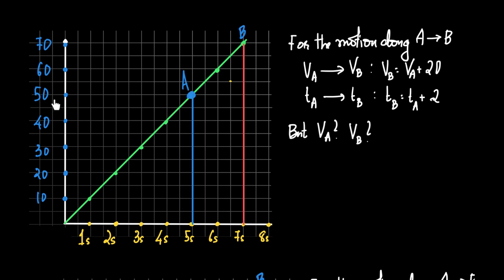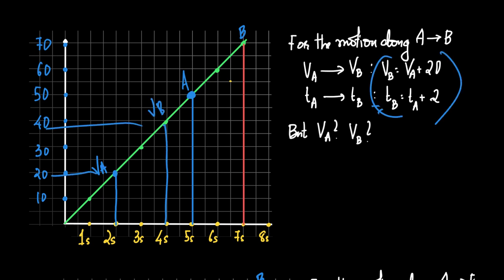VA can be 50, VB could be 70 then. Corresponding time would be 5 and 7. But it could also be the case that it's 2 here for VA, and 4 seconds for VB, and the corresponding velocities are 20 and 40. That also satisfies the equation. So how do we find the accurate value of VA and VB?